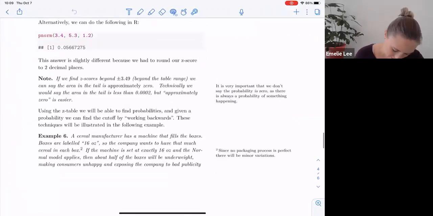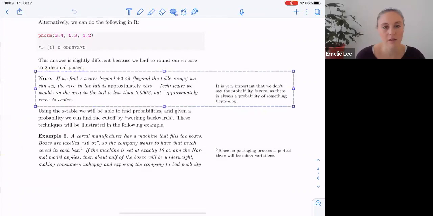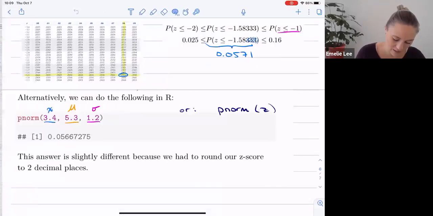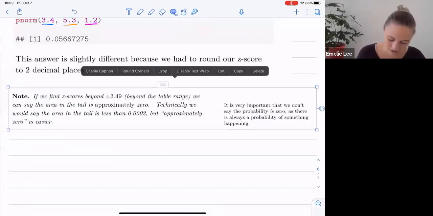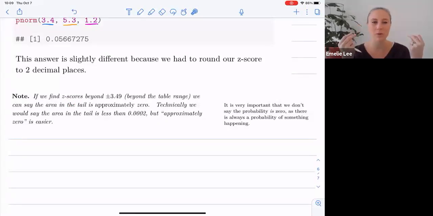One thing that people always have a hard time with, and I've mentioned it already because it is such a common problem that I am asked about. If we find z-scores beyond negative 3.49 or positive 3.49, those are kind of beyond the table range, right?